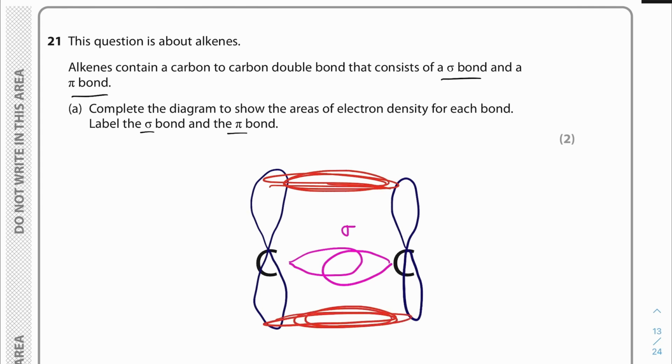I would label this and this our pi bonds. So you get 1 mark for stating this and drawing this figure, and 1 mark for the sigma bond itself over in the middle here.